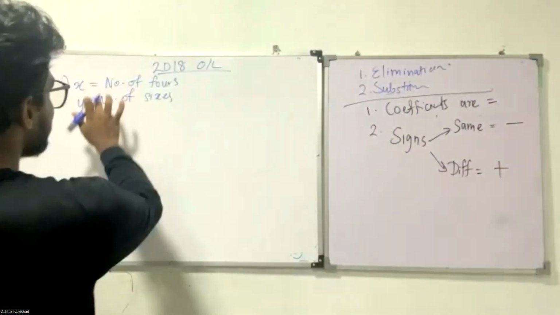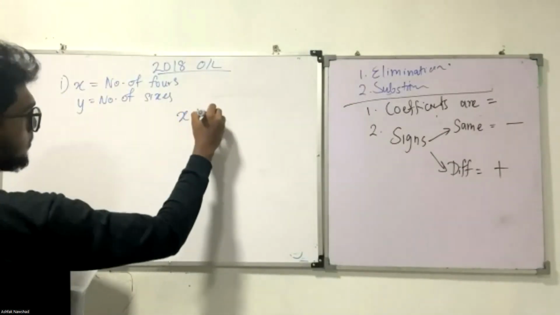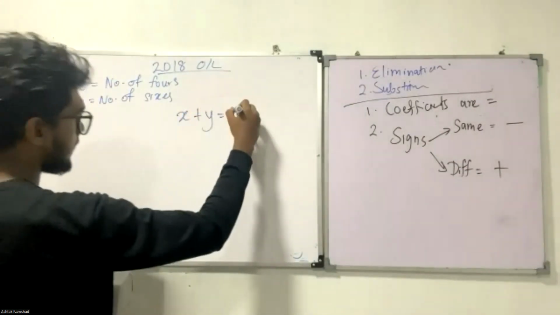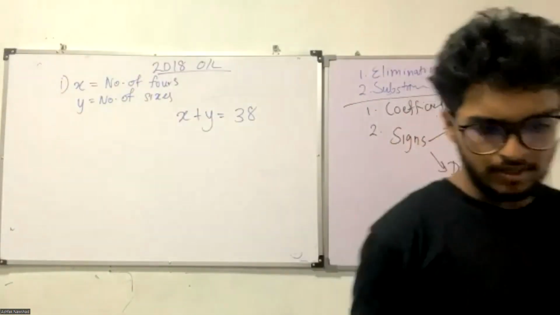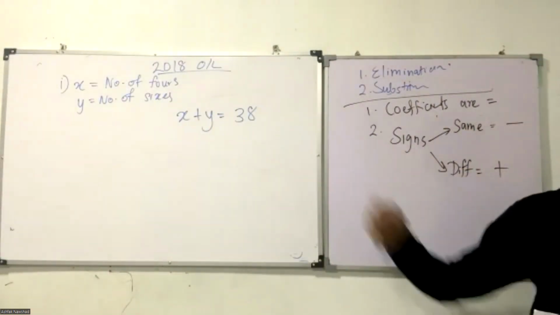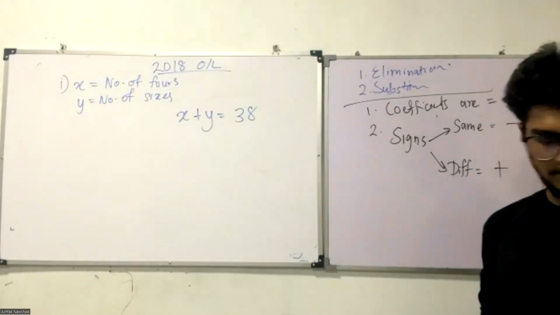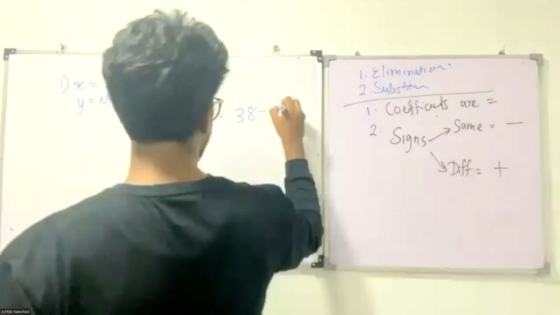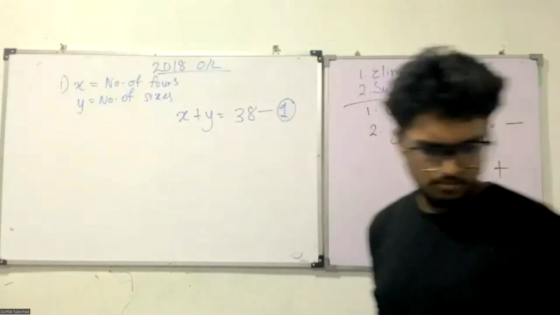So the total number of fours is x and the number of sixes is y. That's 38. Is this clear? The first equation, yes. You guys try and derive the second one and send me in the chat.